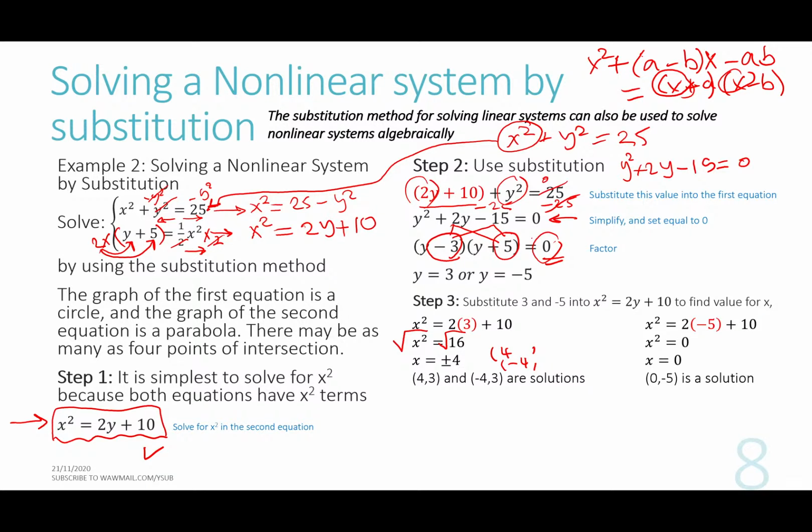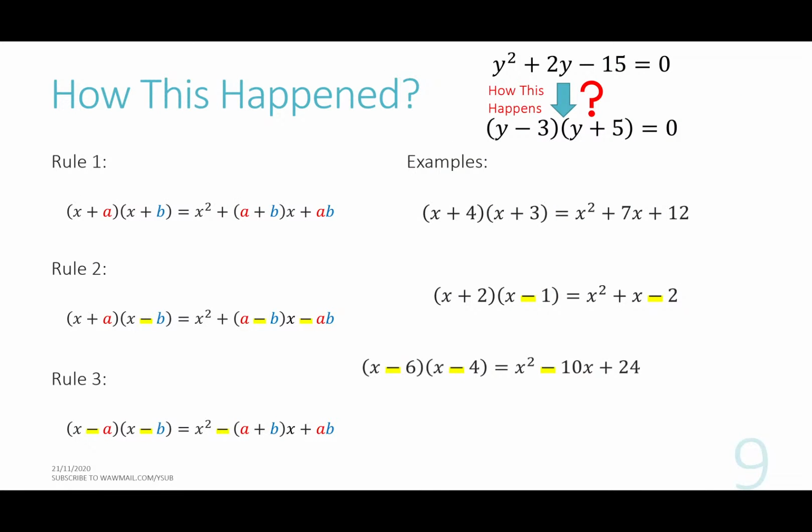If you see that both of them are positive, this is the second one, and this is the third one. If you see that this is positive and this is positive, so it will be positive here.